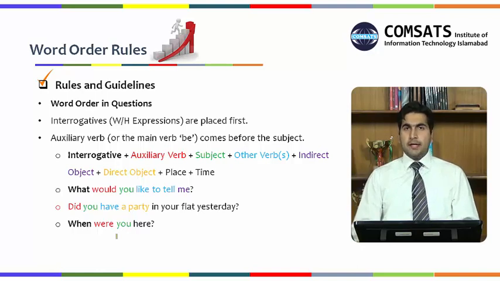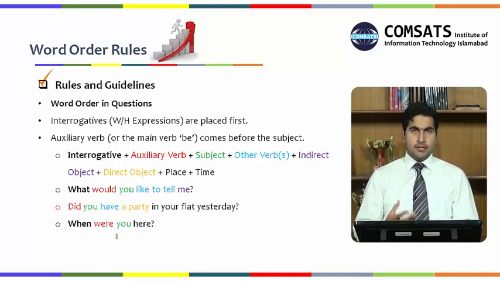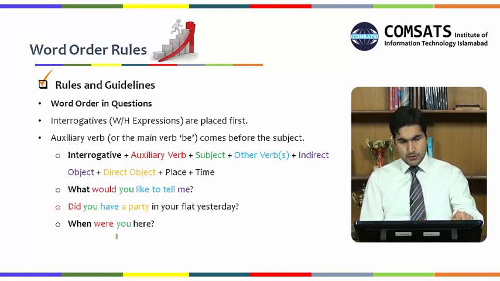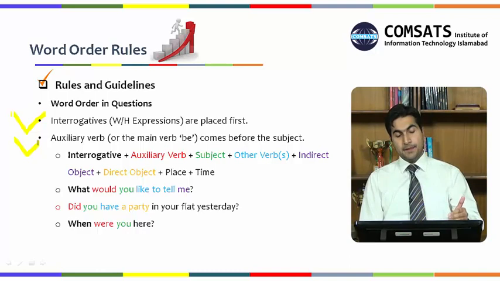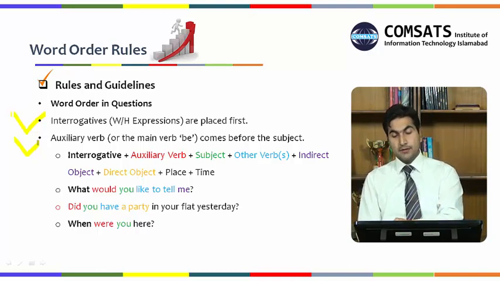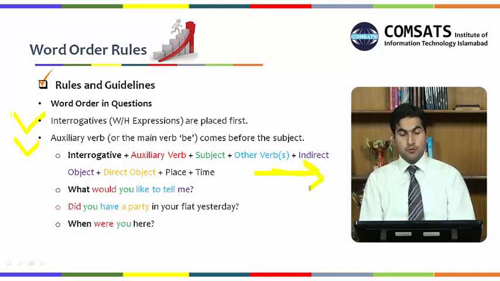In case of an interrogative expression, the one in which you raise a question, when there is a WH category, this WH expression will be placed first, then your auxiliary verb will come before the subject. This is rule number 2 when you are talking about the word order of an interrogative expression, and that's how you make the rule as it goes towards the right.